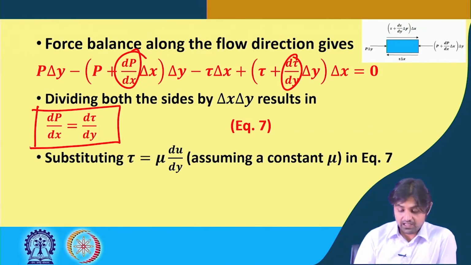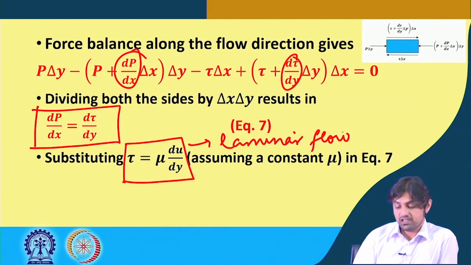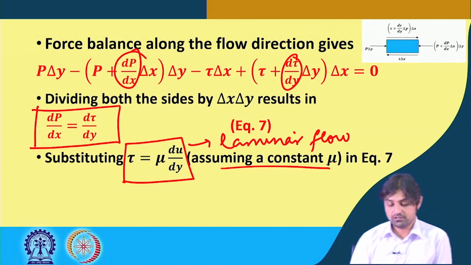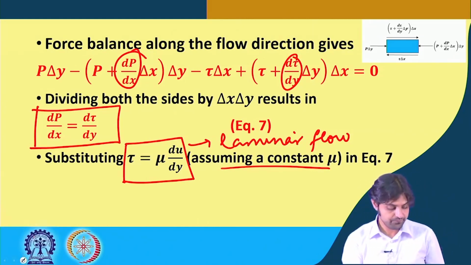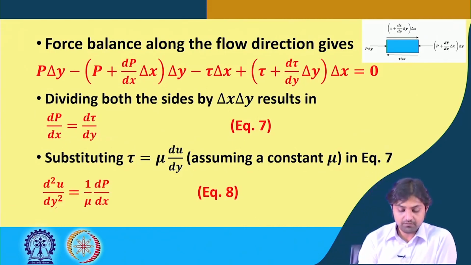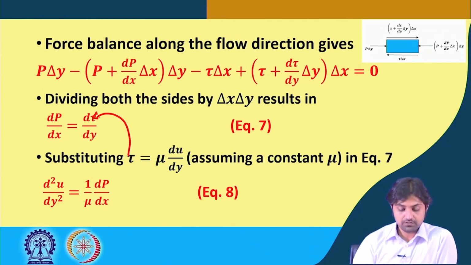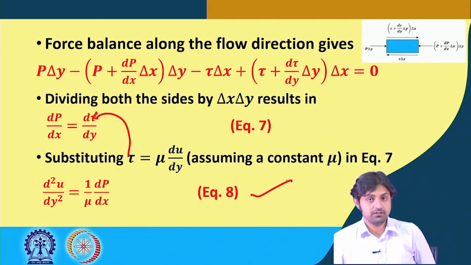Now, this is again a laminar flow assumption. And we will also assume that mu, the viscosity, is constant. So, it will be d square u by dy square is equal to 1 by mu dP/dx. This is the equation that we get, equation 8.